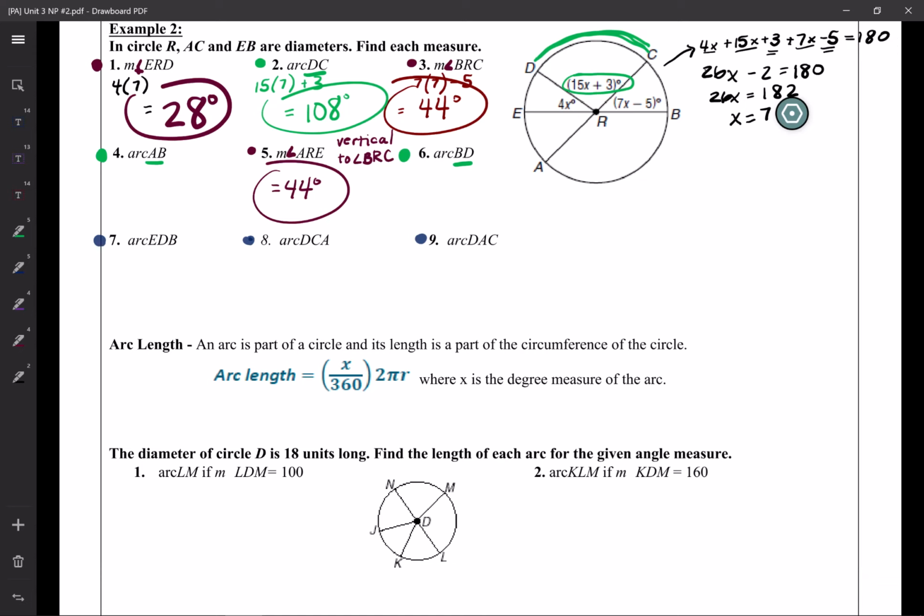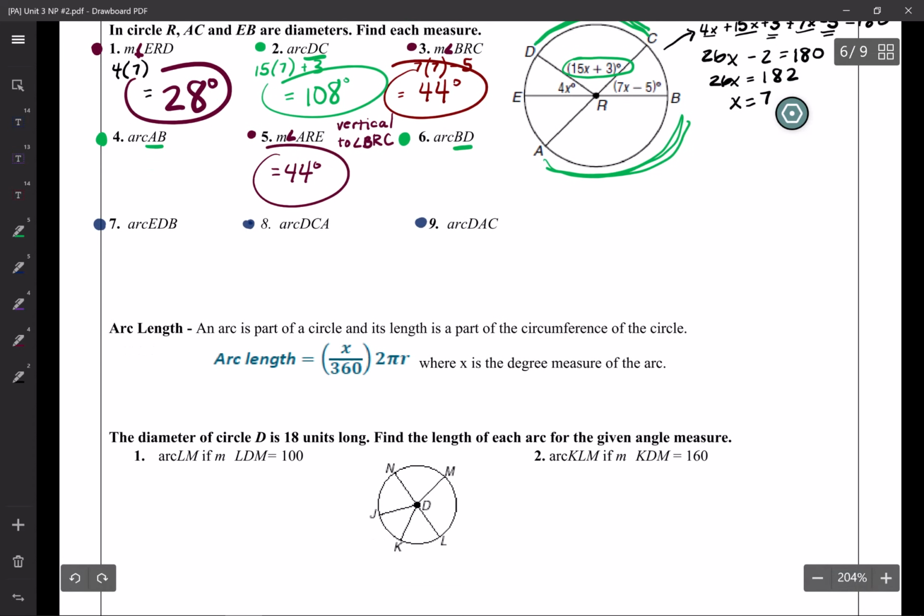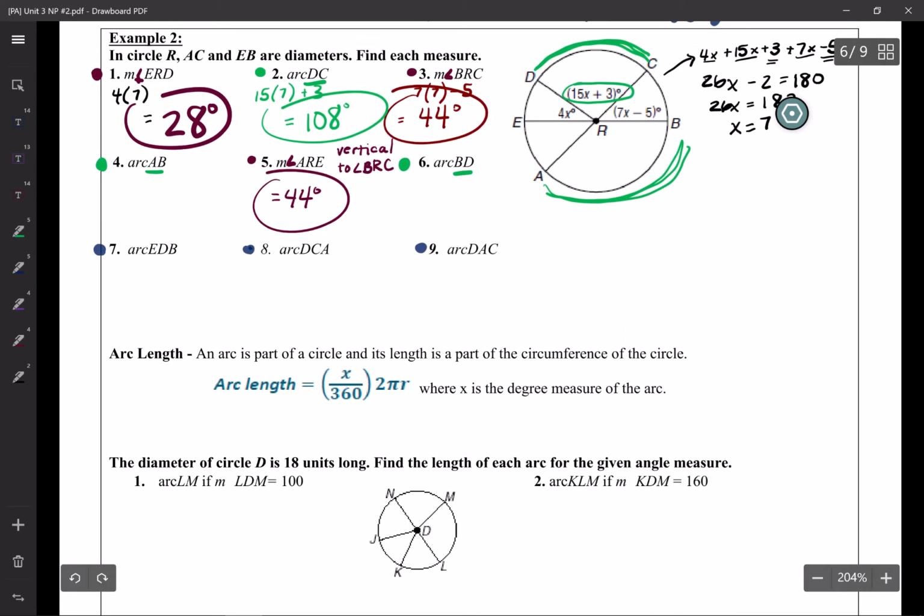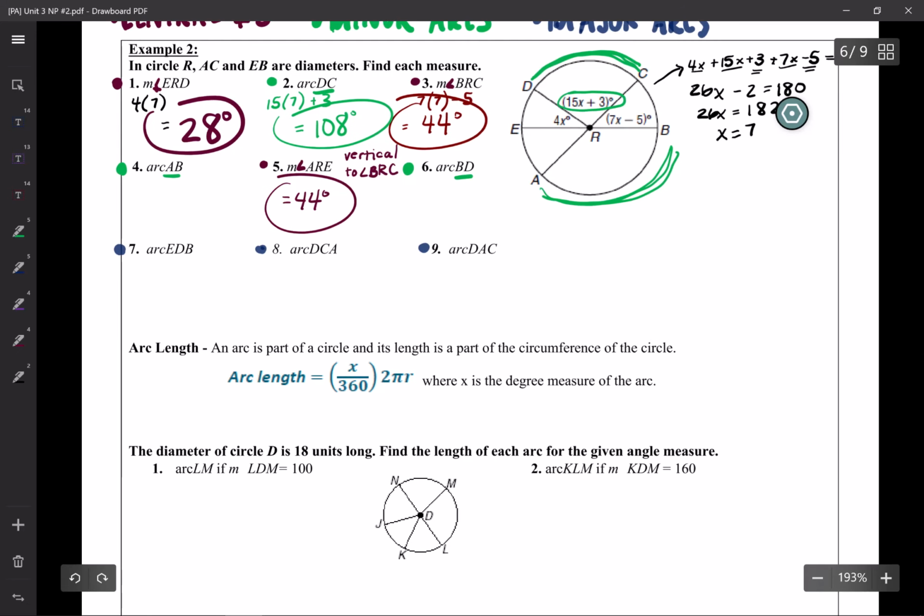Arc AB, that's this one right here. And if you notice, arc AB is a minor arc, and so it's the measurement of this angle.